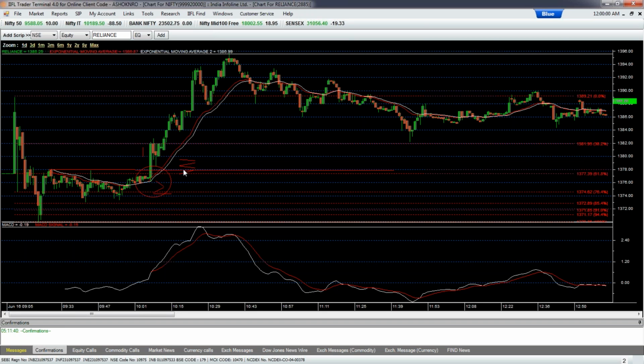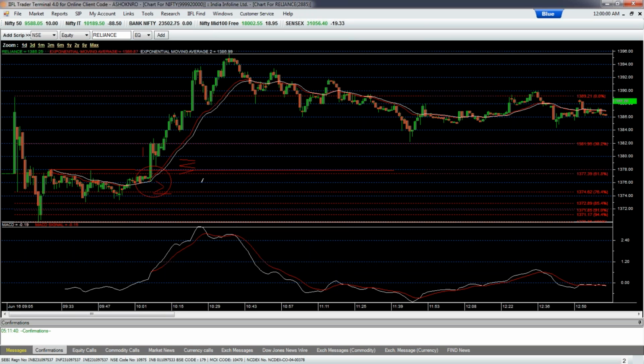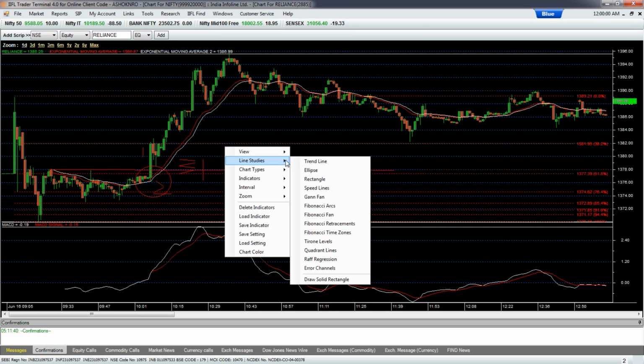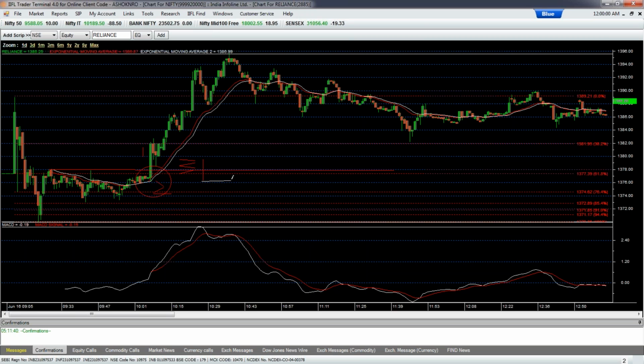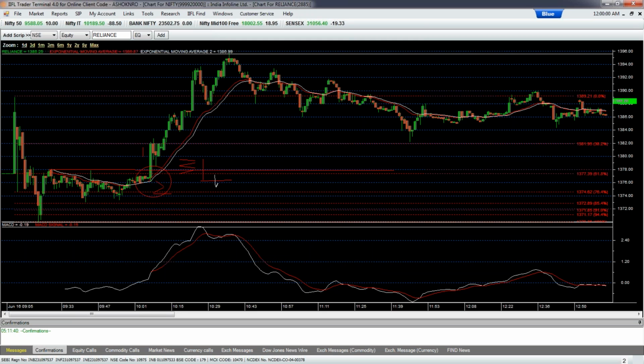Resistance is the third thing, and the fourth thing is the retracement level. The retracement level is playing a sweetheart for us right at the time when it is coming down.